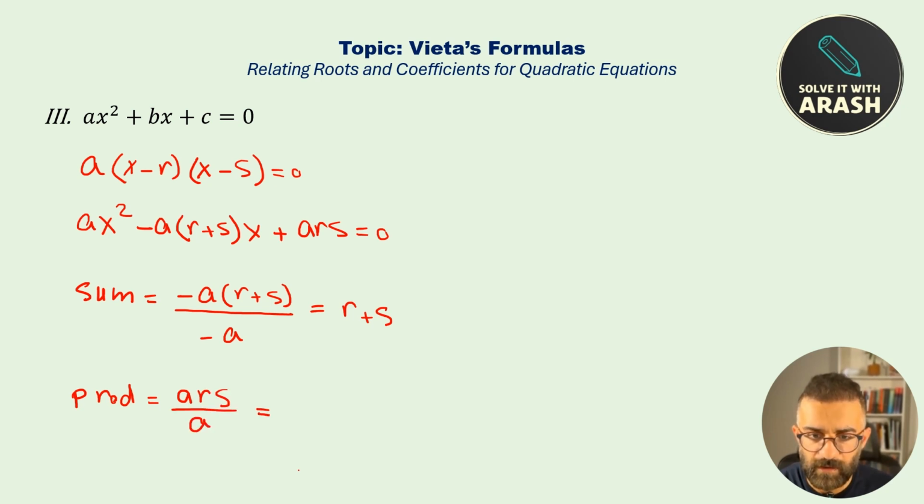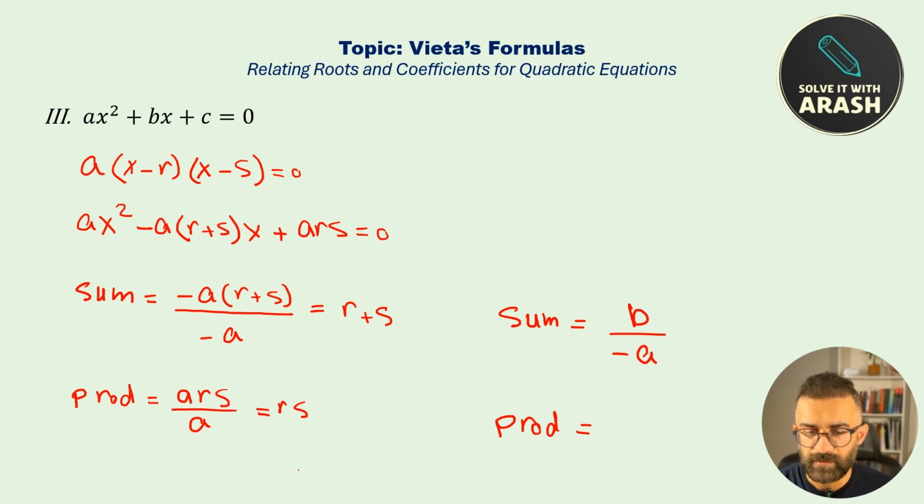The result is rs, which is the product of the roots. So to calculate the sum of the roots, I technically divide the linear coefficient, which is called b in the main equation, by -a. To calculate the product of the roots, I divide the constant term, which is called c in the main equation, by a.